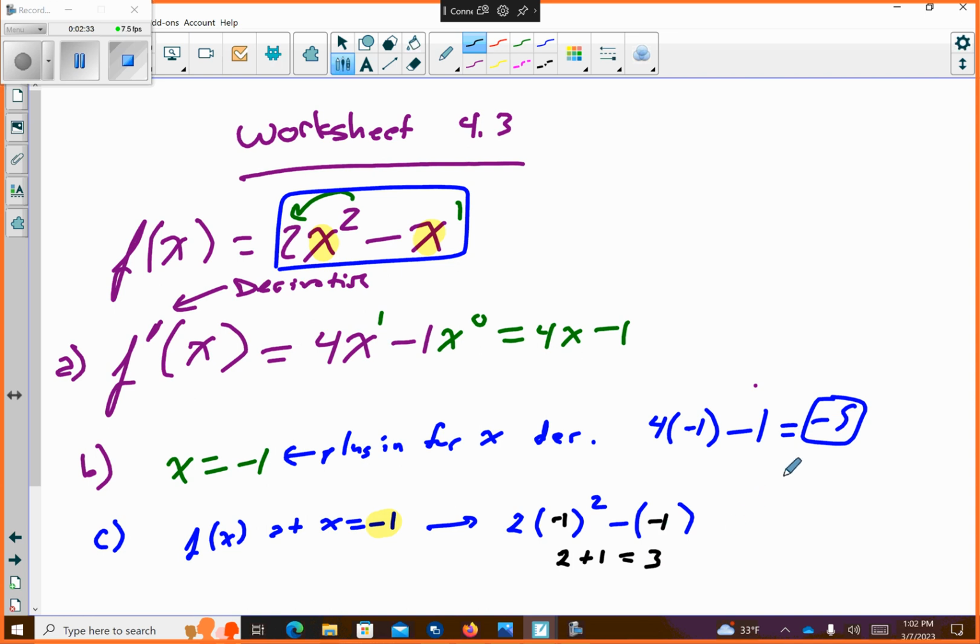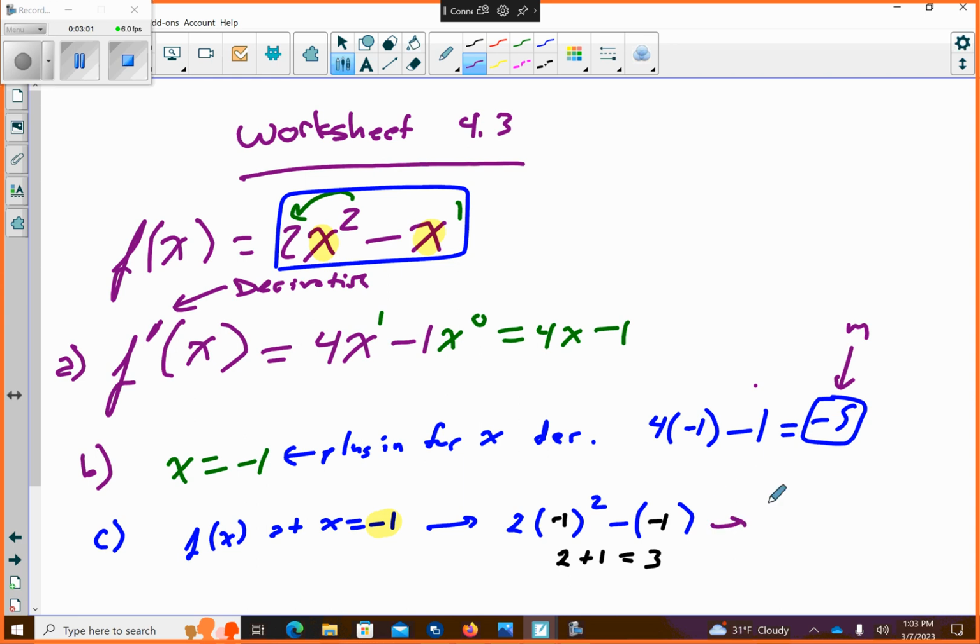So basically what this whole thing tells me is on my graph, this is what it does. So this is our slope.